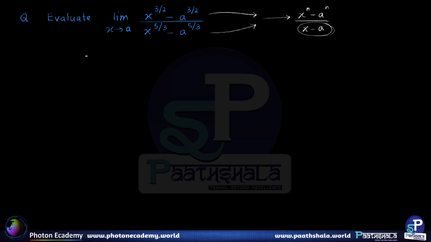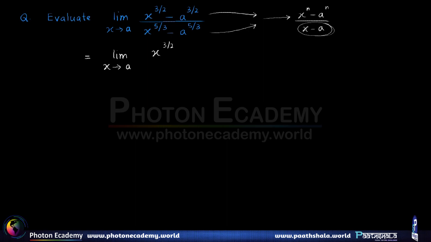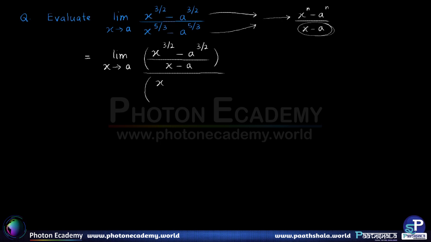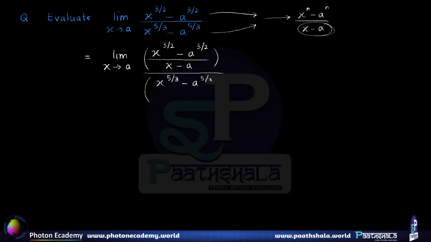So what we do is we divide both numerator and denominator by x minus a. So here we write it as x raised to 3 by 2 minus a raised to 3 by 2 whole upon x minus a, this is the numerator, divided by, in the denominator also we will divide by x minus a, isn't it?